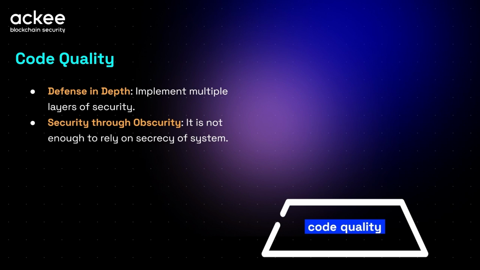Security through obscurity is really great when we are talking about defense in depth and the layers. So security through obscurity can add another level to this multiple level structure. But do not rely completely on the fact that your source code is closed source or the keys are private.